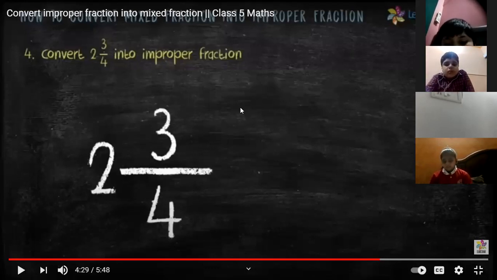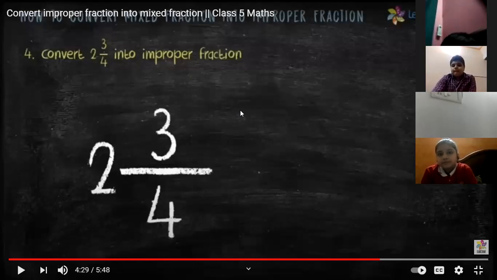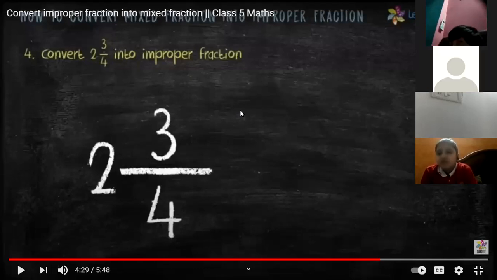But ma'am is asking what we can do directly. What term will be exactly same in the mixed fraction and in the improper fraction, so that we can write down this particular term directly in your improper fraction? Can you tell me? I have just told you.